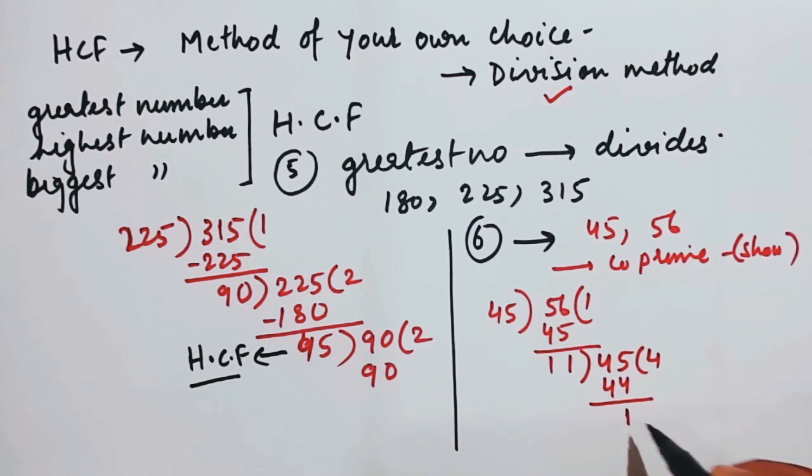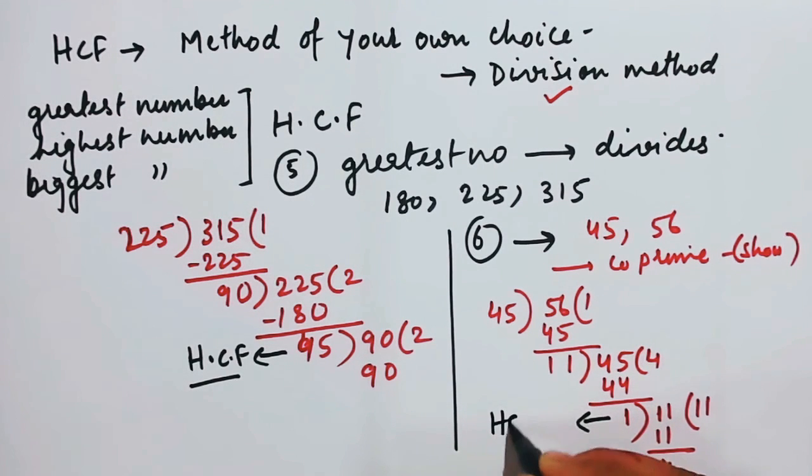See, 1 remains. 1 will become the divisor of 11. 11 times 11. So I find that the HCF of 45 and 56 is 1. Therefore, HCF is equal to 1. Therefore, these 45 and 56 are co-prime numbers. Clear? I hope this was clear.